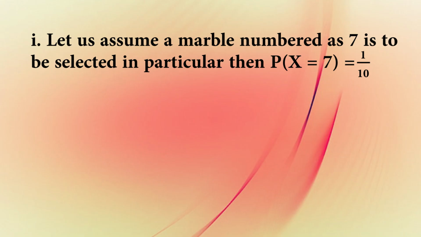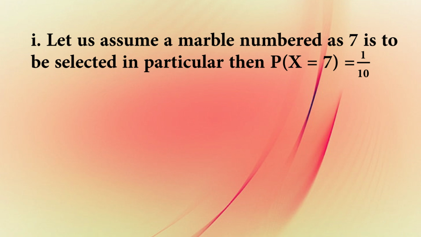Sub-question A is answered as follows. Let us assume a marble numbered 7 is to be selected in particular, then probability of X equal to 7 is equal to 1 by 10.